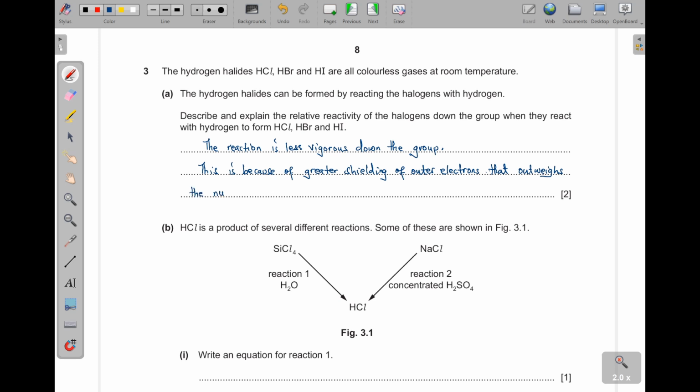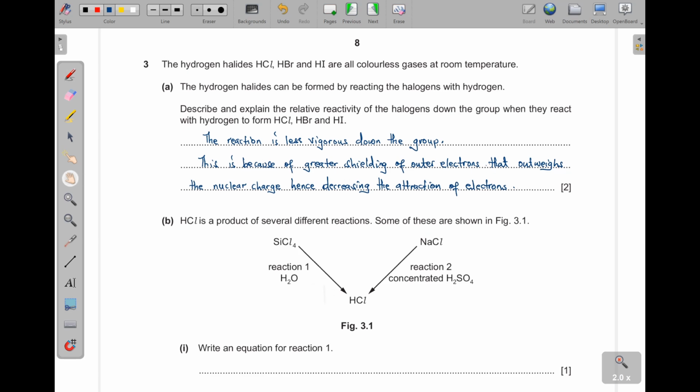Remember, as you go down the group, you are adding a shell of electrons, and also protons are being added to the nucleus. So the nuclear charge has increased, but because of the shielding, the nuclear attraction for the incoming electron is reduced. So that outweighs the nuclear charge, hence decreasing the attraction of the incoming electrons.